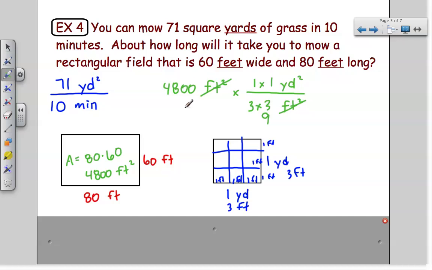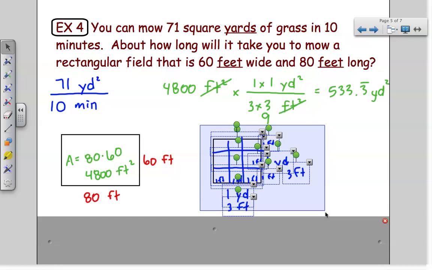So I'm really doing 4,800 divided by 9. Do this on the calculator. And I find out that there are 533.3 repeating square yards. So it's 4,800 square feet is actually 533.3 repeating square yards. Get rid of this picture here.